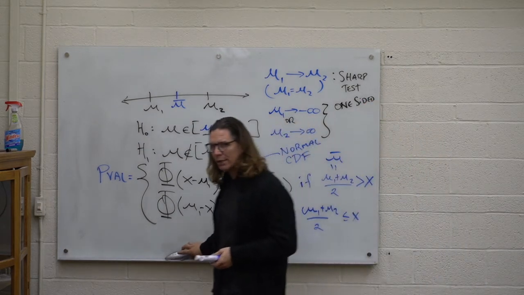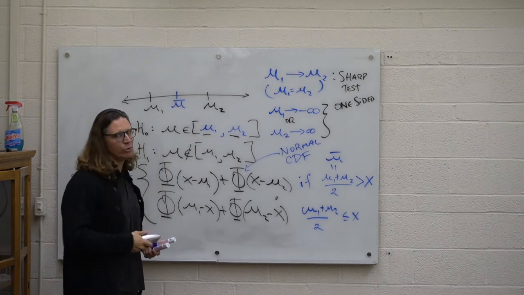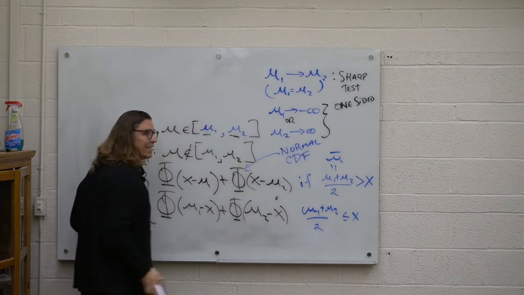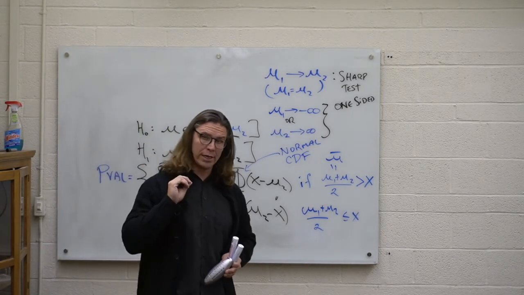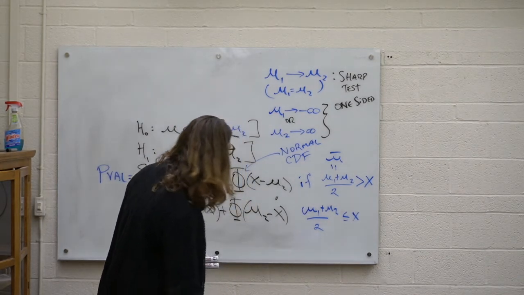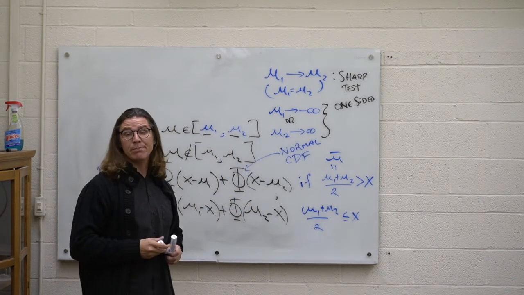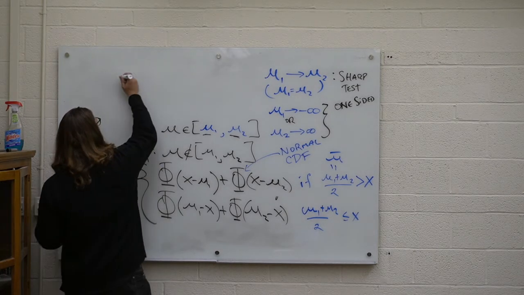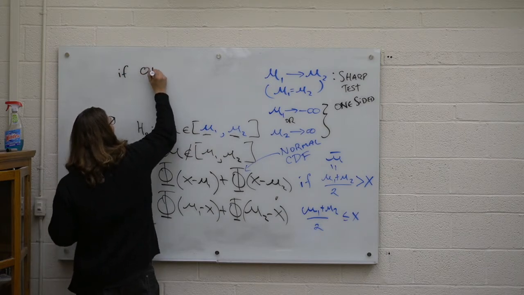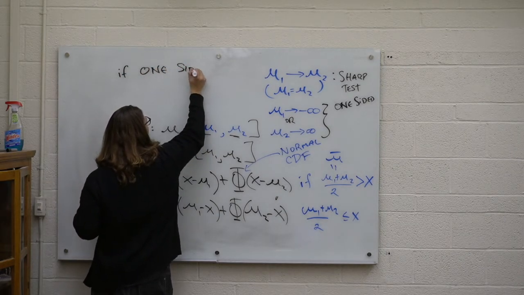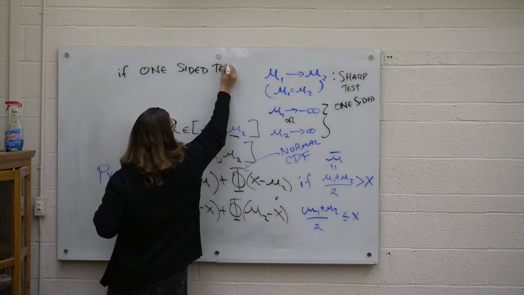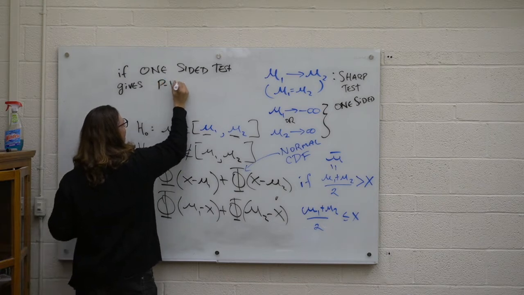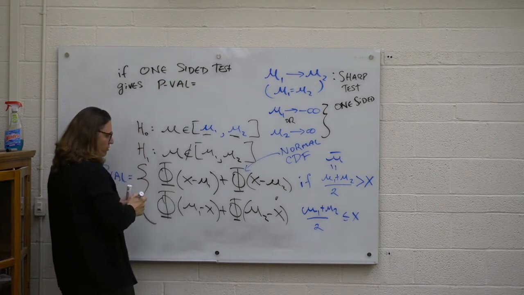So let me just show you something. And this will already describe to you that the p-value is not a measure of the null hypothesis. Rather, it is part of a procedure for controlling error rates. And that's what the Neyman-Pearsonians do. And so if we just look at this, if a one-sided test gives your p-value, and I'll just call this p.